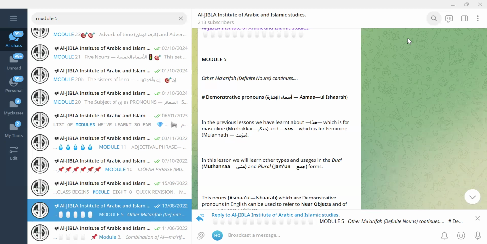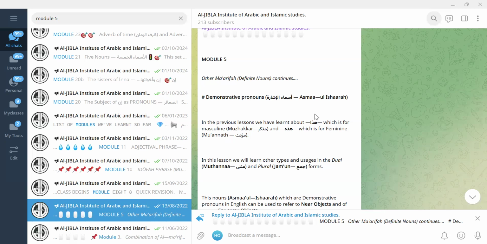We have talked about it when we were talking about the demonstrative pronouns that we use to refer to a near object and the ones we use to refer to a far away object. So we have هذا and ذلك. These are the mufrad, the singular forms, هذا هذه. So هذا singular is masculine, and هذه singular is feminine.